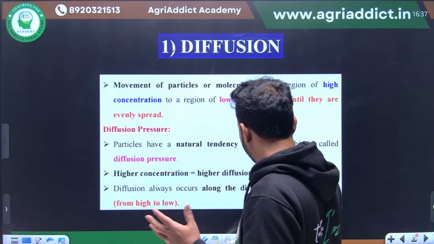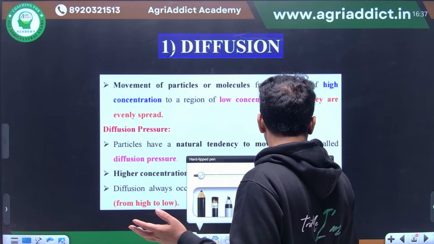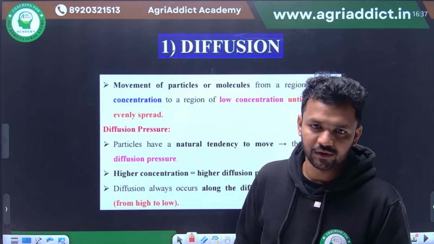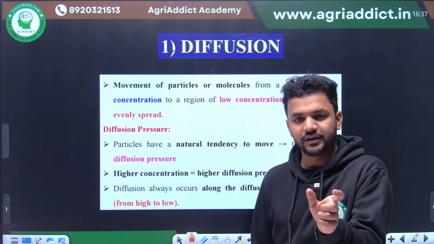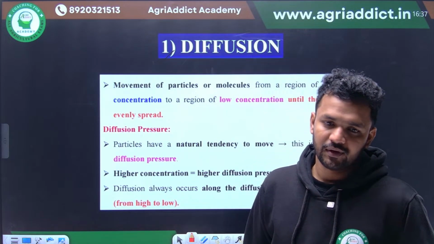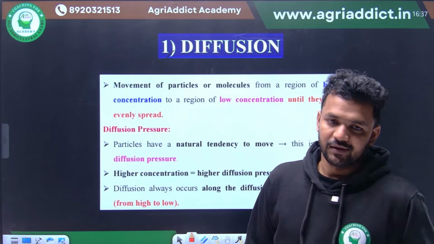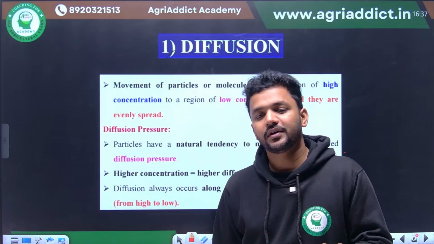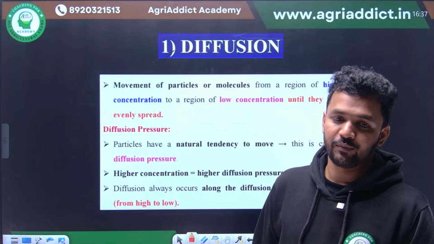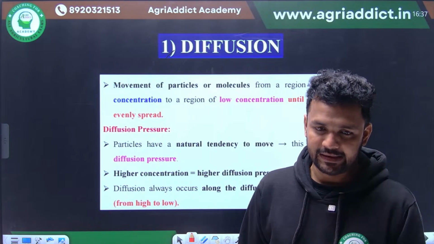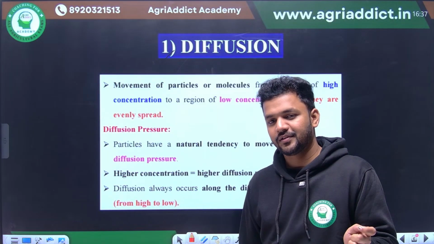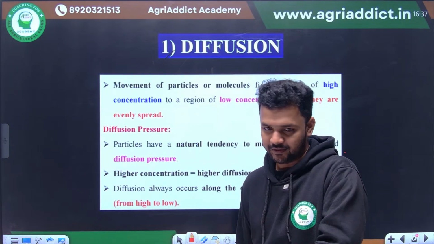Diffusion, the exact or literal meaning of diffusion, can anyone say? I'm not asking the definition according to plant physiology. Consider diffusion as an English word, and what is its meaning? Uday Lakshmi, the definition is correct, but it is not the literal meaning. It is the definition from the scientific point of view, right? The literal meaning of diffuse is moving from one place to another place.